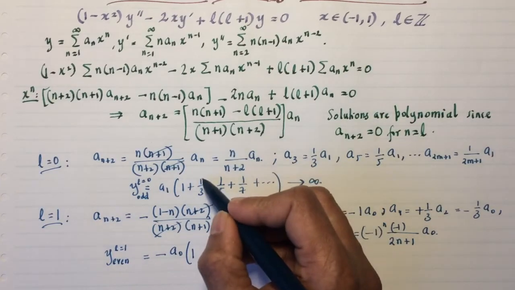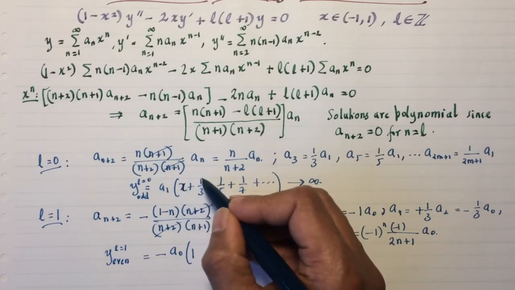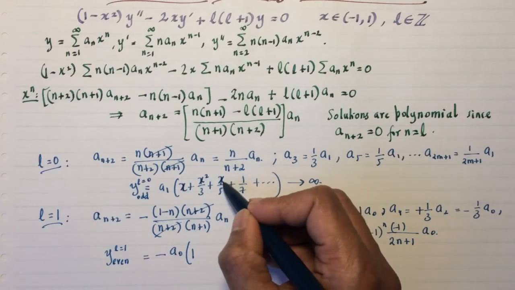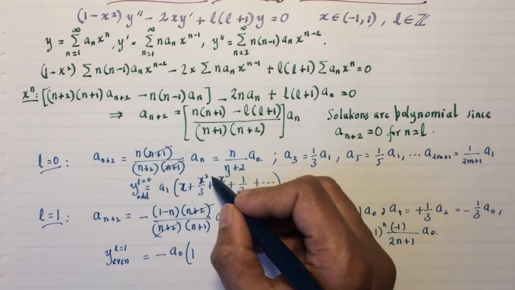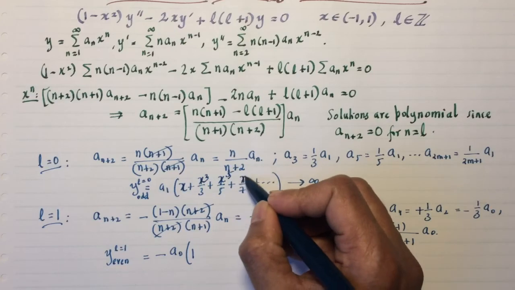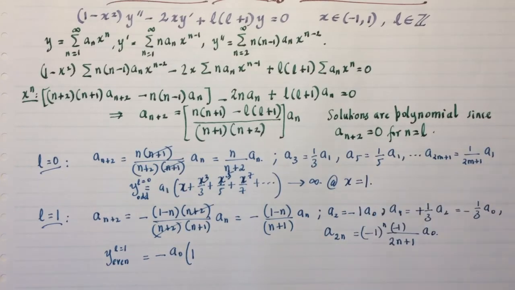Oh, by the way, I should have put x and x squared and all that here. So this is y: x squared, x cubed, x5, x7, and so on there. And this goes to infinity at x equals 1 is what I should have said.